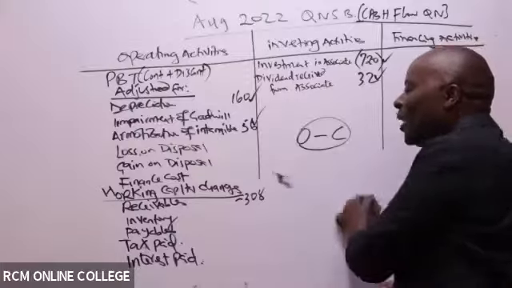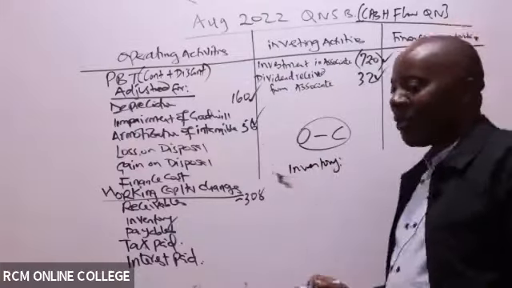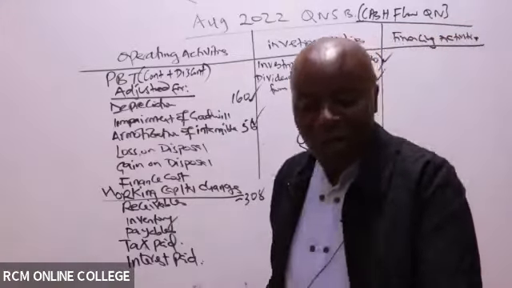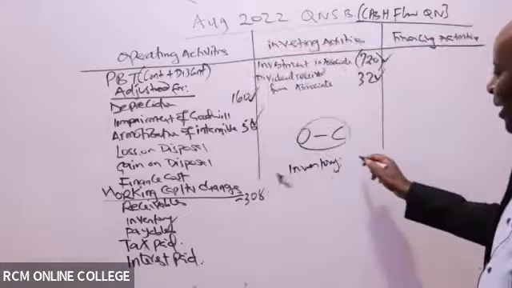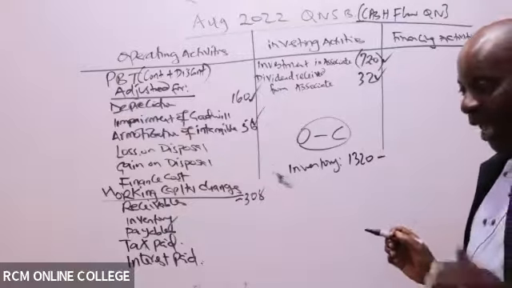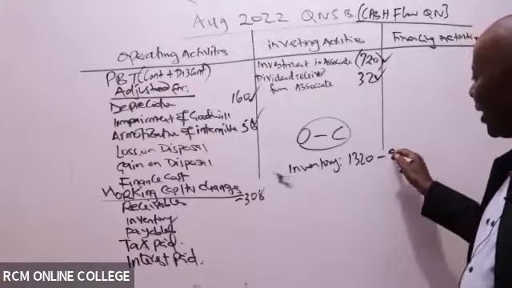So then we go to inventory. What do we have there under inventory? Are you able to track the opening inventory? Opening inventory is 1320, isn't it? How about closing inventory? Closing inventory is how much, somebody? 944.